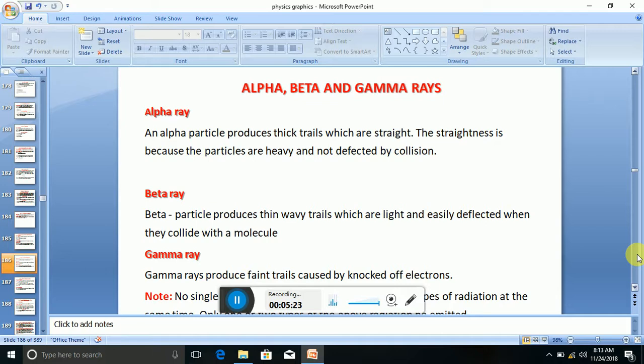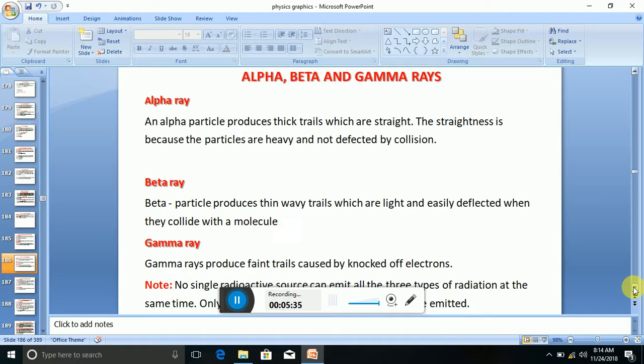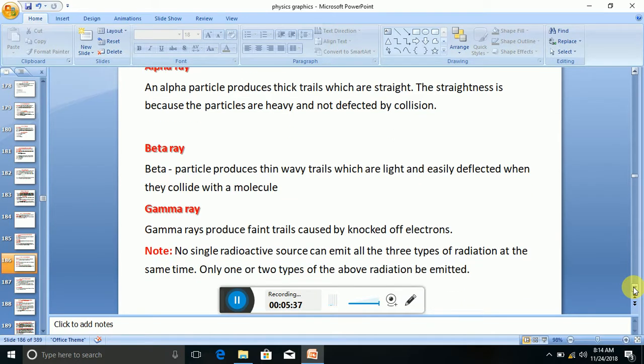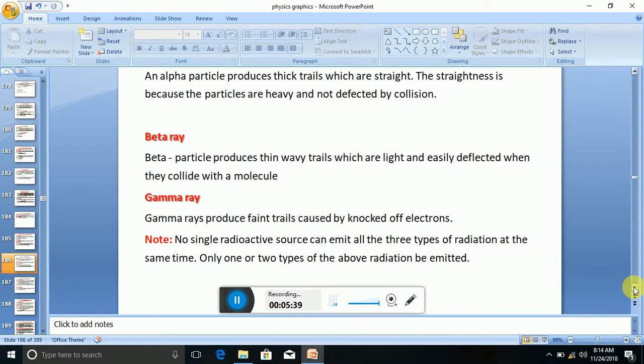Whereas a beta particle produces a thin wavy trace, which are light and easily deflected when they collide with other molecules. So that of beta is lighter, so it can easily be deflected. Whereas gamma ray produces faint rays caused by a knockoff of electrons.